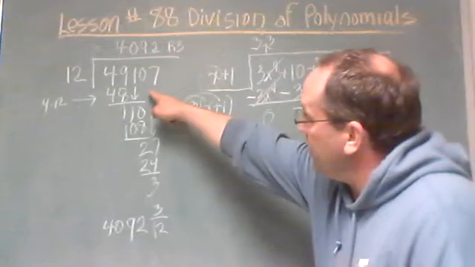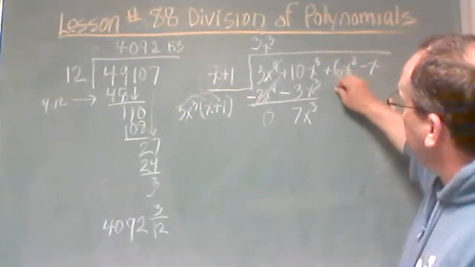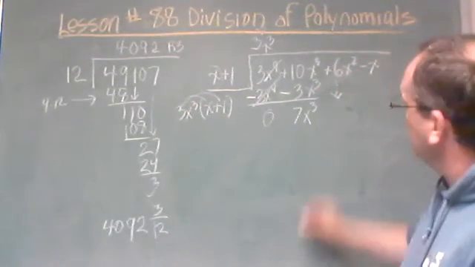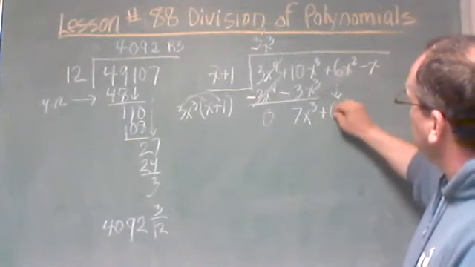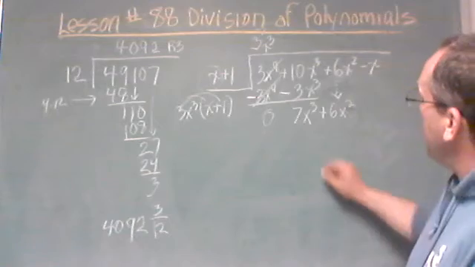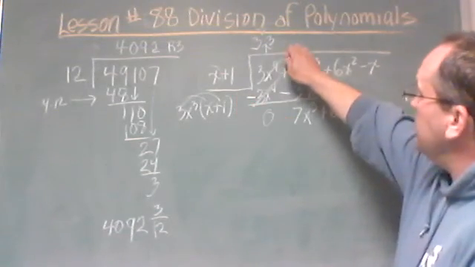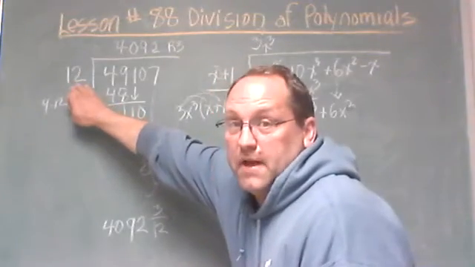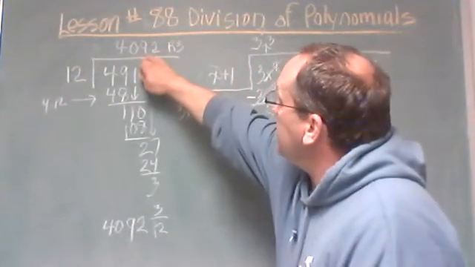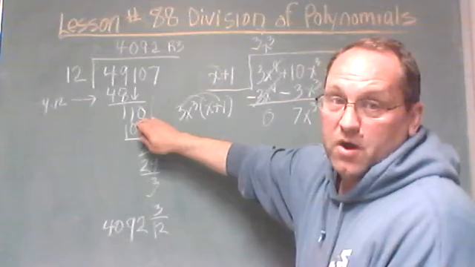Just like in long division, then what do I do? I drop down the next term, a positive, I drag that sign along with it, 6x squared. Now again, I do the same thing here, just like here. When I come up with a new number, I see what I must multiply 12 by to get into that new number.